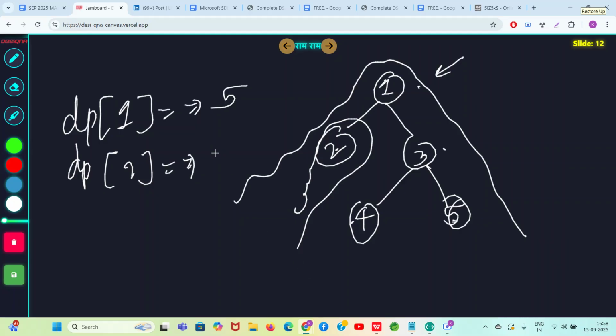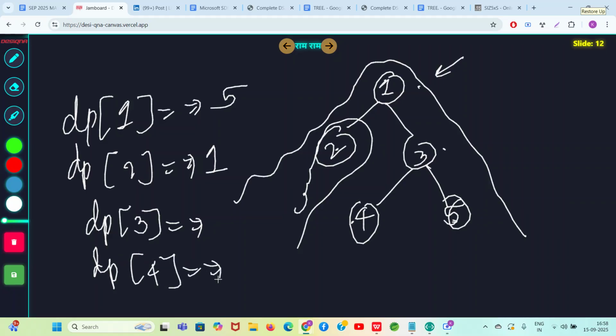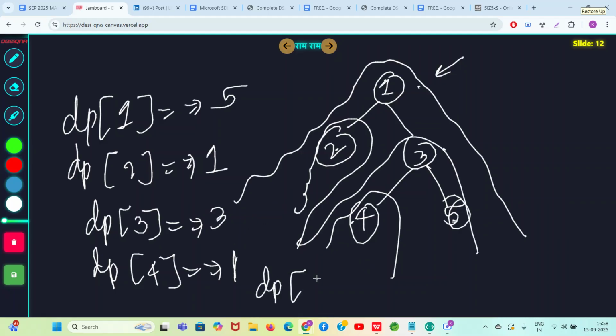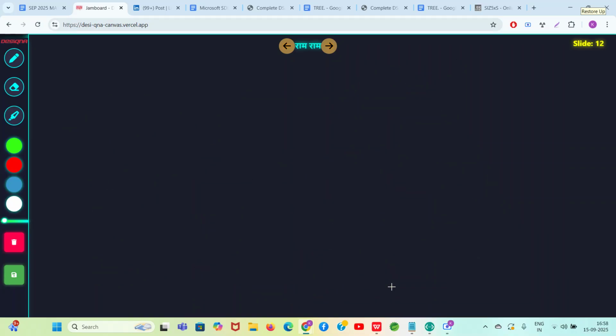Only one node is there, right? One. What is dp of 3? How many nodes are there below 3 including node 3? dp of 4 is 1, right? Because including 4, below 4 there is only one node. dp of 3, including 3 and below 3, there are only 3 nodes. And dp of 5, including 5 and below 5, there is only one node, right? Okay, good, nice, awesome. So these things you understand, right?